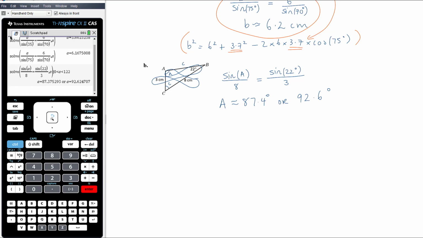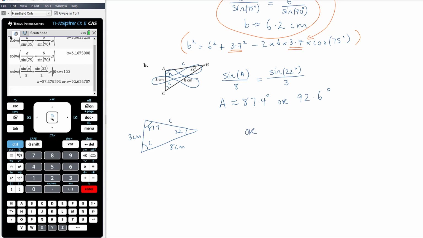If we think about the example where A is 87.4 degrees, that makes it an acute angle. So I'm just going to make it go slightly that way instead. So that is 87.4. This we know is still 22, this is still 8, this is still 3, and we don't know that angle or that side length.